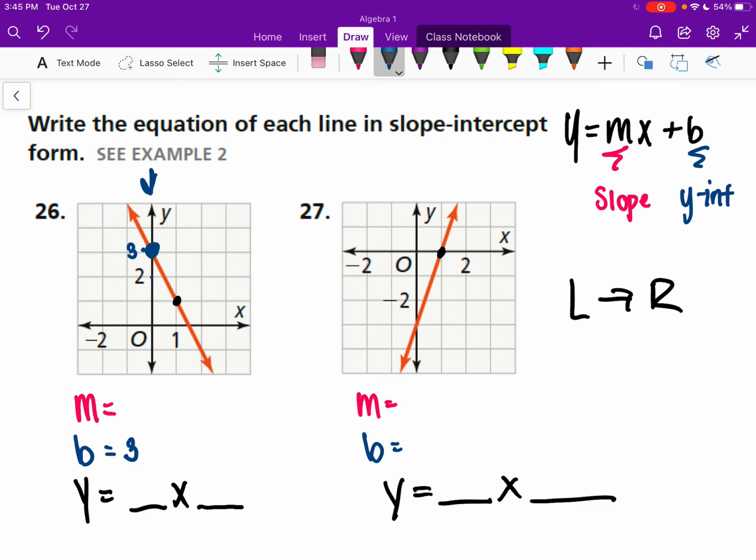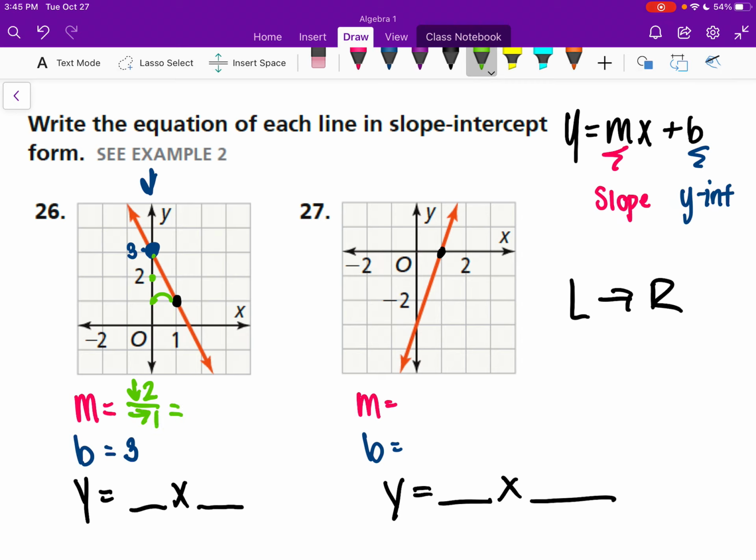And now to find the slope, we're going to move from left to right from one point to another. I can find another point on this line just by looking at where it intersects these horizontal and vertical lines. Now let's find the slope. Let's do our rise, which is our up or down. In this case, we have to move down, so we move down 1, 2, so the slope goes down 2, and then over 1.